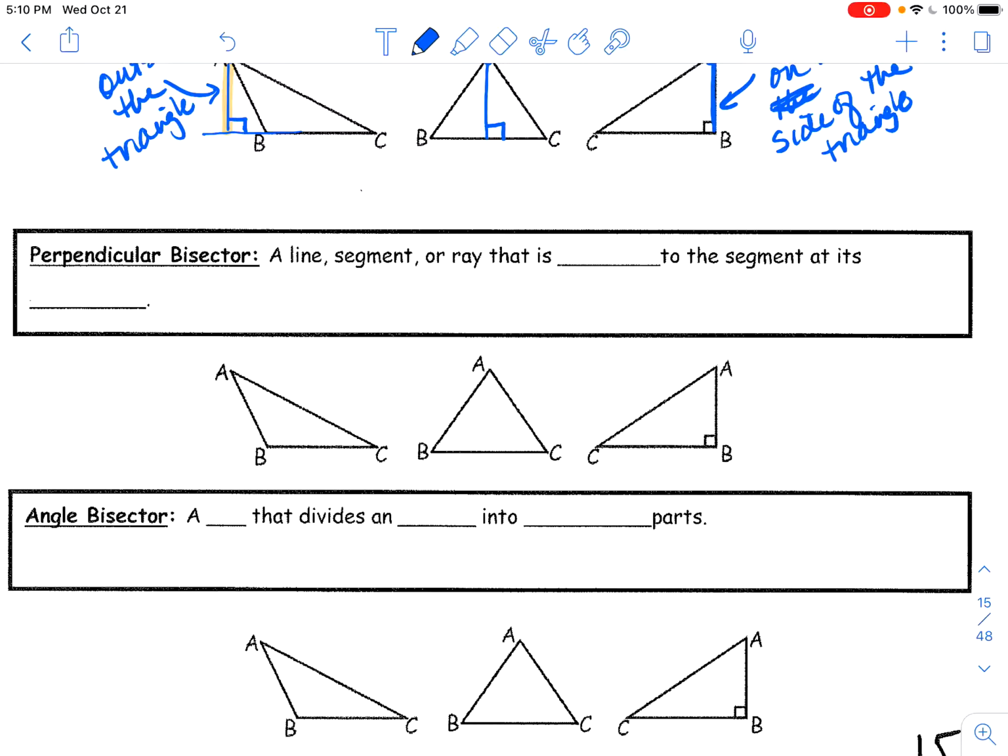Now, a perpendicular bisector is going to be perpendicular and at a midpoint. So it is a 90-degree angle at its midpoint. All right, so let's draw from vertex B. If I'm going to be a perpendicular bisector, I've got to cut AC exactly in half, and I've got to be perpendicular.